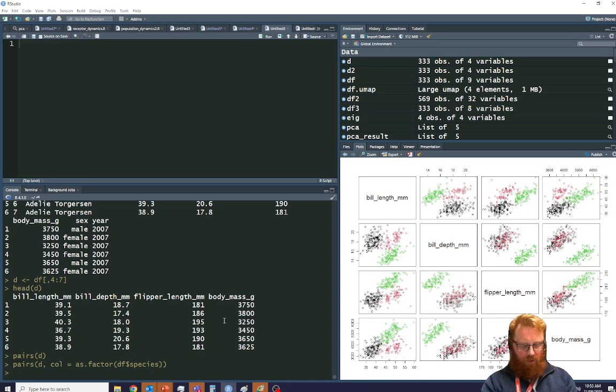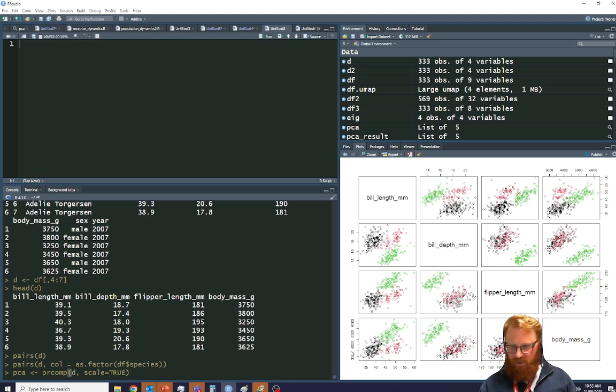So we're going to make a variable called PCA that's going to store the output of prcomp, and we're going to put in our data frame D, and we're always going to say scale equals true. The only time we're not going to do that is if we just want to play around. We need to scale our data because PCA is looking for the axis of maximal variation.